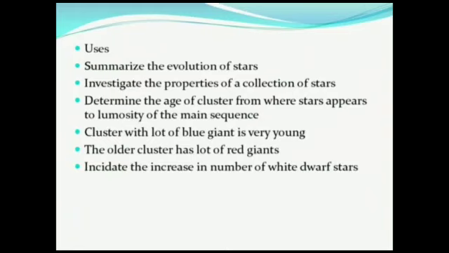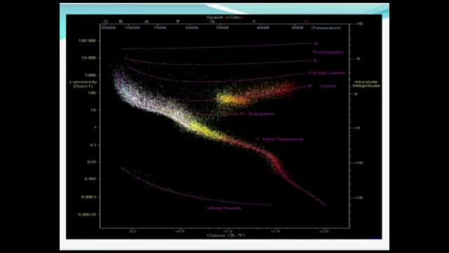After constructing an HR diagram for a group of stars, an astronomer can estimate many important stellar properties including diameter, mass, and age. Our understanding of the processes at work in the stars depends on knowing these parameters. So HR diagrams have been essential tools in the 20th century. Thank you.